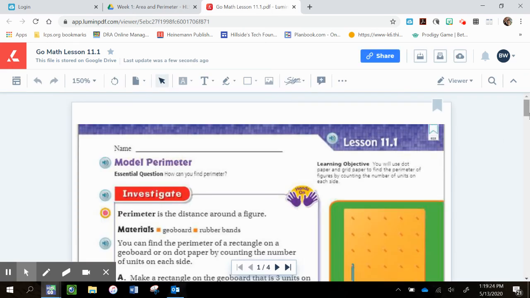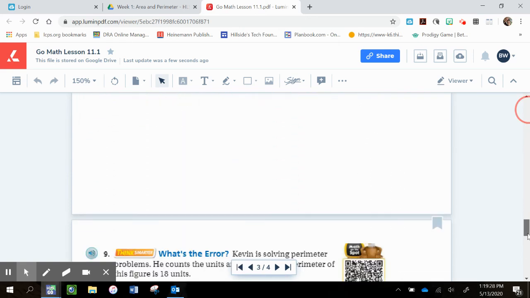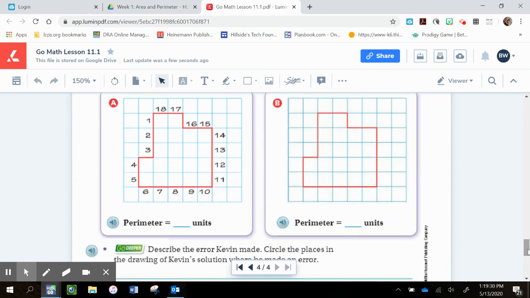So Kevin made a mistake, and he did not actually count every single piece of the perimeter. So we're going to go on the right side, and we're going to do it the right way, okay? And we're going to do it with dashes.